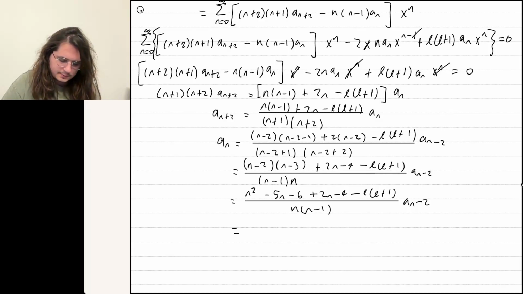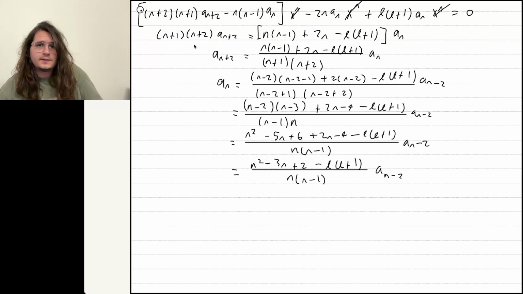Okay, simplifying even further, we have n squared minus 3n. Oh, and that's actually plus 6, my bad. Plus 2 minus L by L plus 1 all over n by n minus 1, a n minus 2.